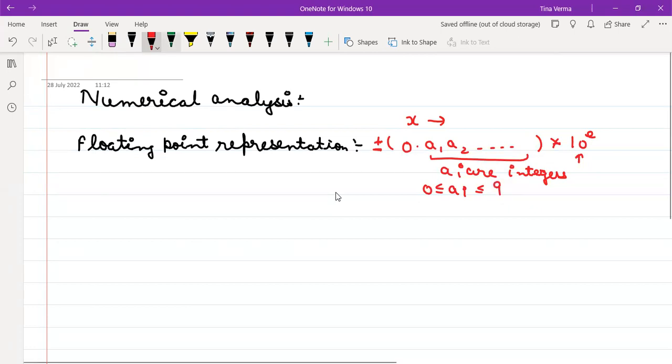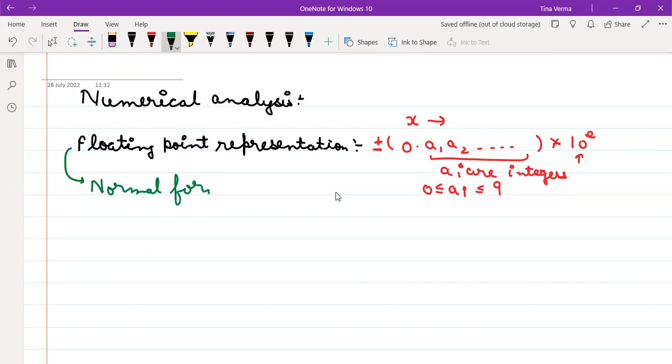Then after this, we have done the normal form of floating point representation, in which the mantissa part should lie between -1 and -0.1, or 0.1 and 1. That means a1 can't be 0. If it is 0, it is not in the normal form.